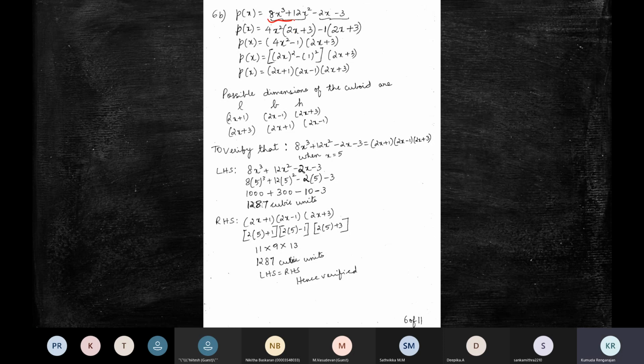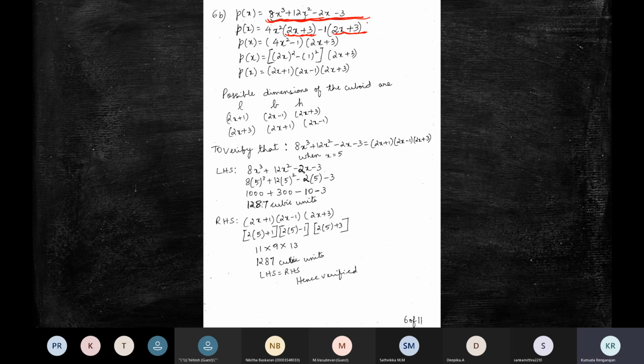So first we try, this is a cubic polynomial. We'll try to factorize it by grouping. If that does not work, that is if you don't get the same expressions in the bracket here and here, then you can try by rearranging the terms. If that does not work, you can factorize by using the factor theorem.